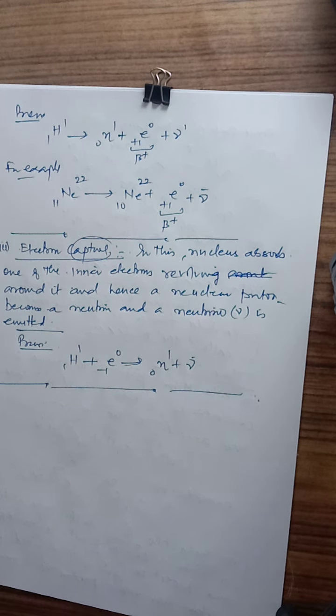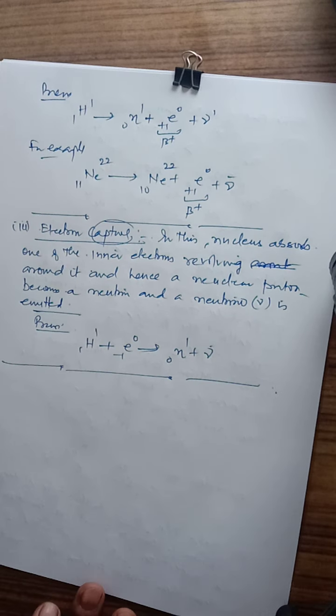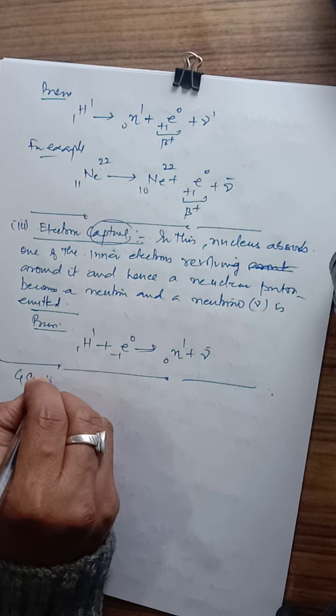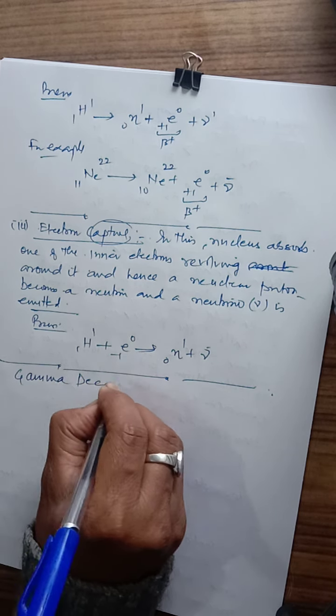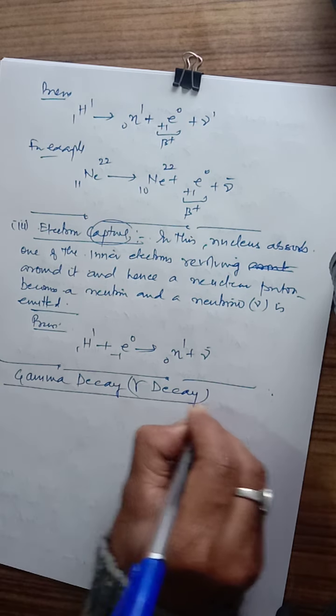Now this is about the beta decay. Now we will talk about the third one, that is gamma decay.